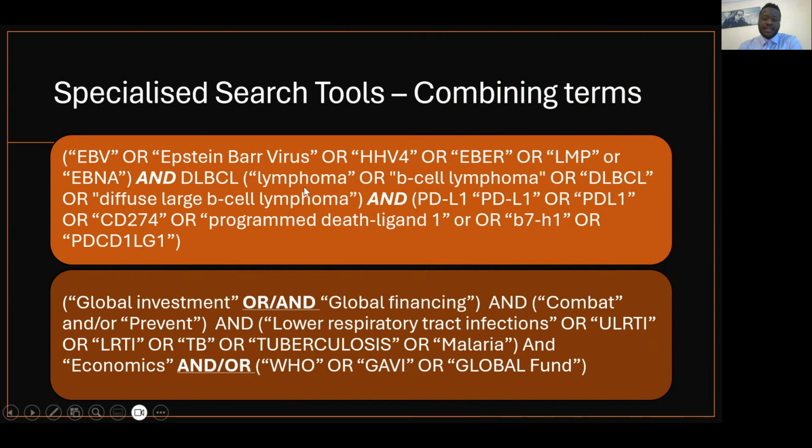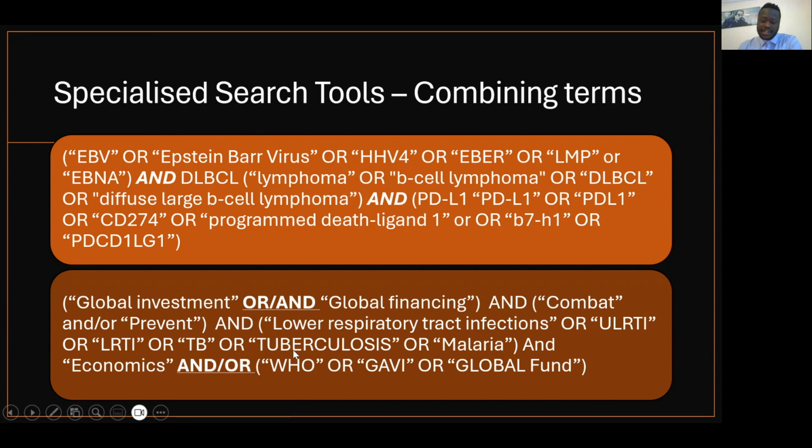If you look at the top one, in brackets, we have all the different ways you can say EBV, each of them alternated by OR, which means when the database is searching, it's searching for EBV or Epstein-Barr virus or HHV4, any of those will be accepted, but it's doing it in combination with either DLBCL or lymphoma or B-cell lymphoma or diffuse large B-cell lymphoma, which means all the results you should be getting are going to contain an element of EBV, an element of diffuse large B-cell lymphoma, and an element of programmed death ligand 1, and you're essentially this way catching all of the relevant papers in your case.